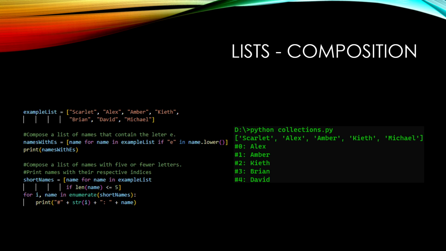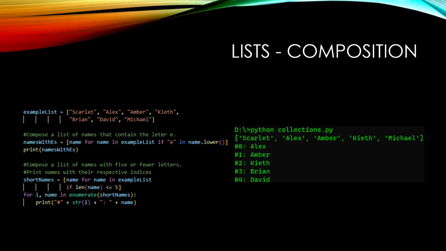And then we're going to use the enumeration that we saw in the for loop discussion: for i, comma, name in enumerate short names.